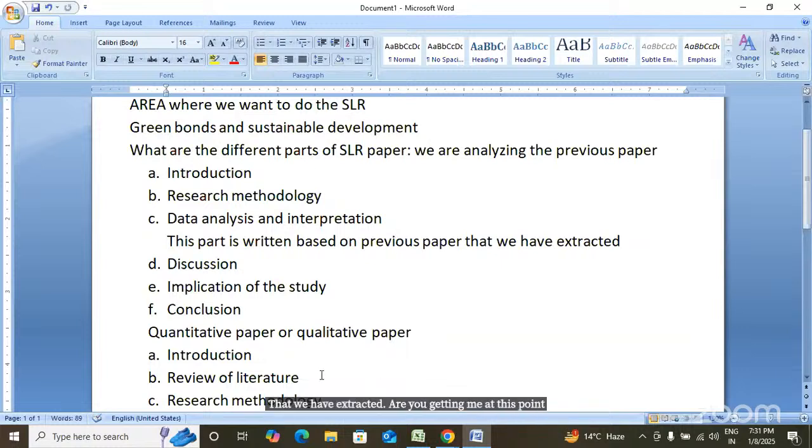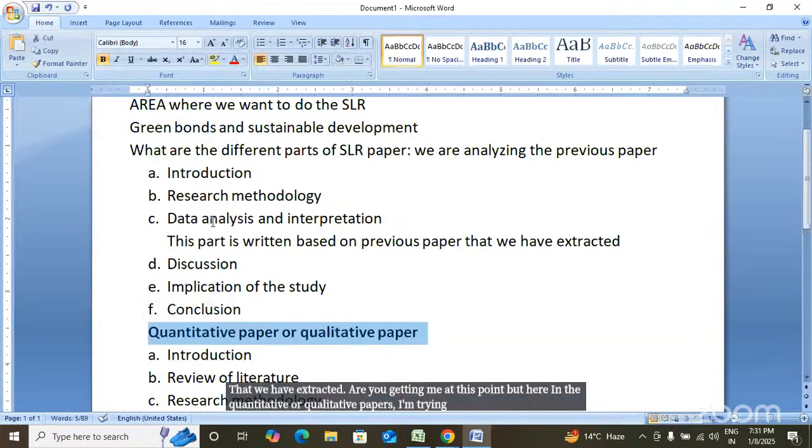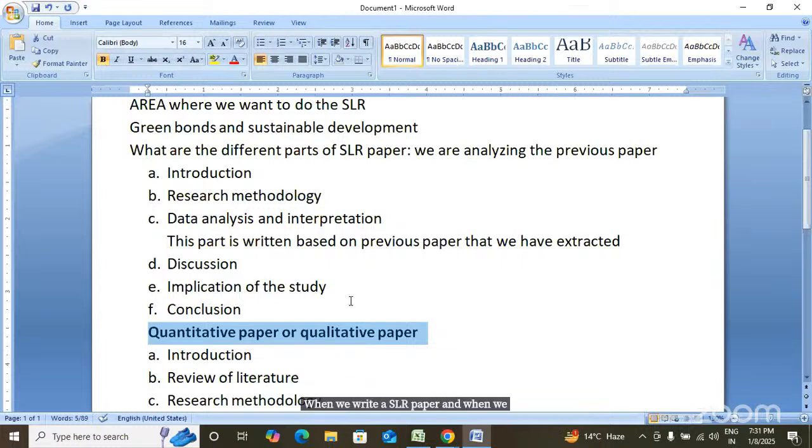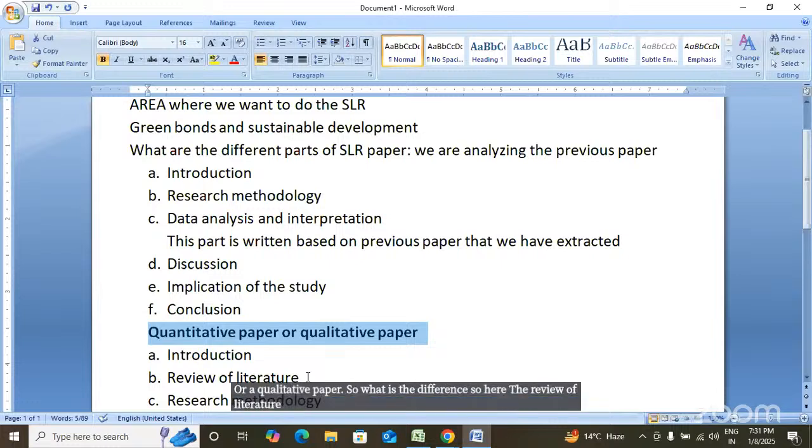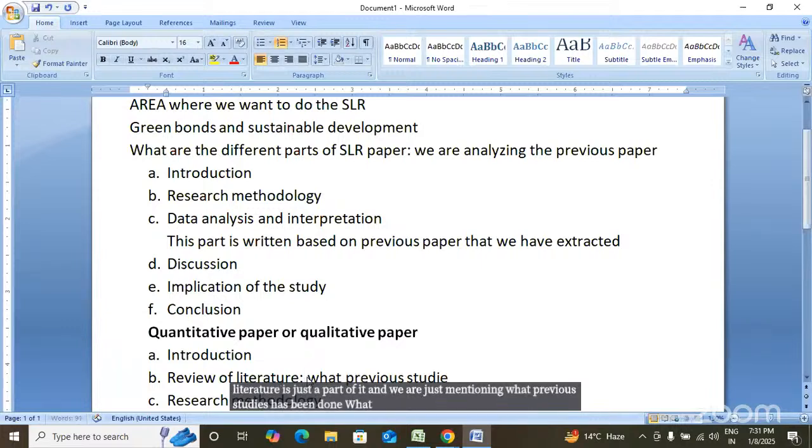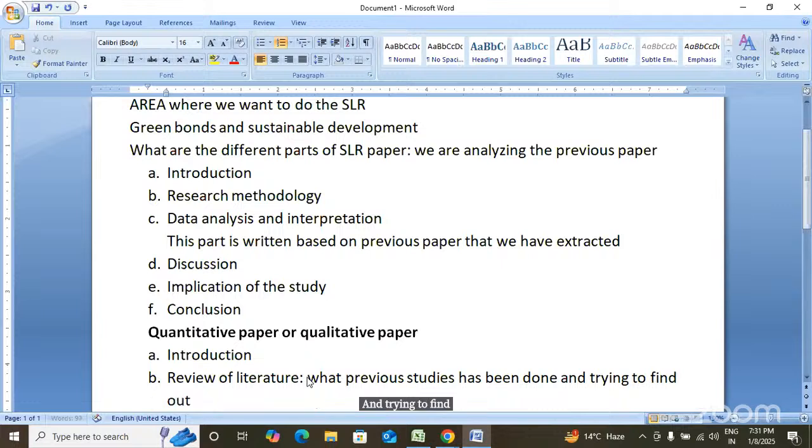But here in the quantitative or qualitative paper, I'm trying to tell you the difference between the two. When we write an SLR paper and when we write a quantitative or qualitative paper, what is the difference? Here the review of literature is just a part of it, and we are just mentioning what previous studies have been done, and trying to find out the research gap over here, right?